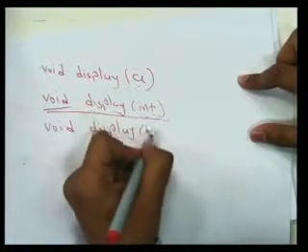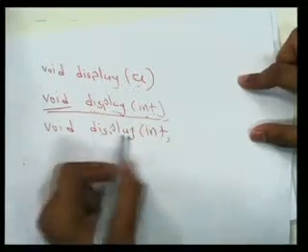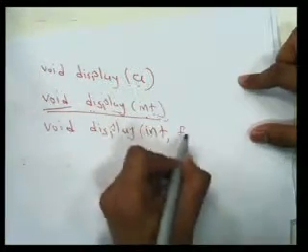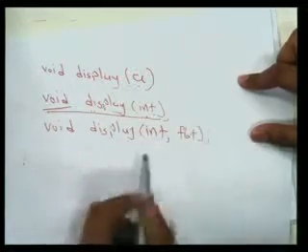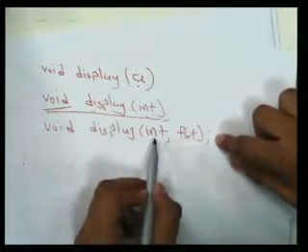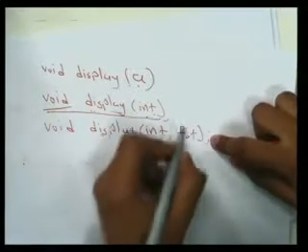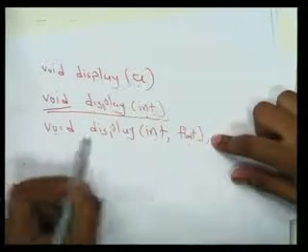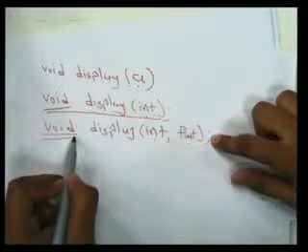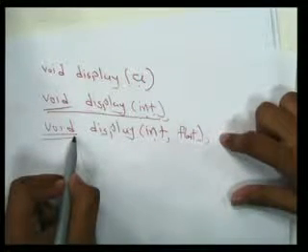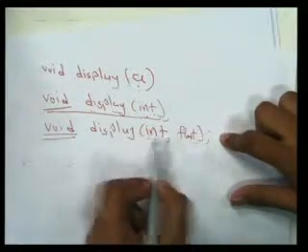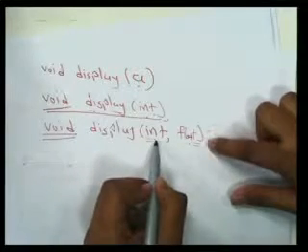In this case, I am having one display function which will have 2 arguments. One is integer, one is float, and again this function will return no values. So these are called the arguments.